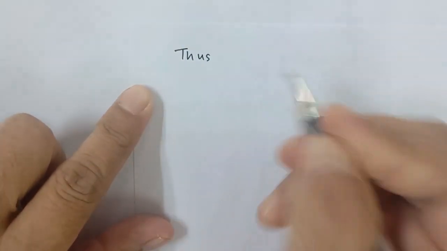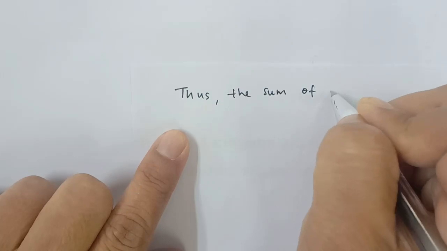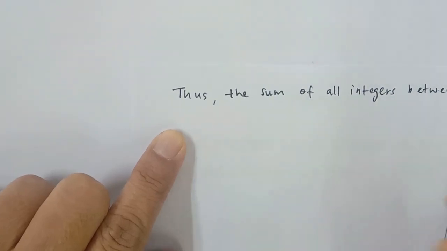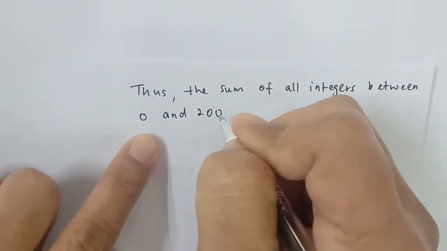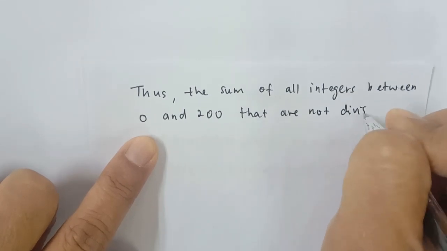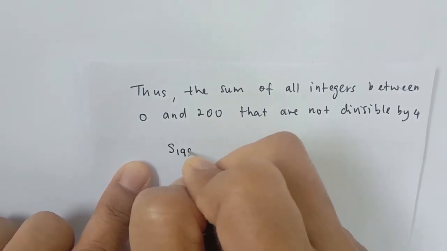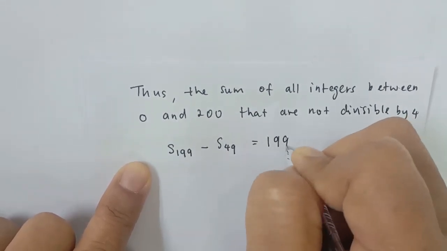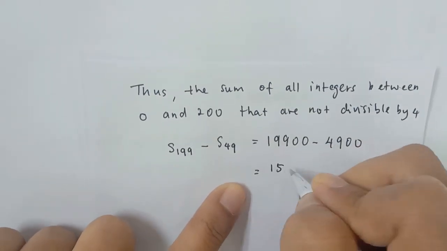Thus the sum of all integers between 0 and 200 that are not divisible by 4 is S199 minus S49, equal to 19900 minus 4900. Using calculator, the answer is 15,000.